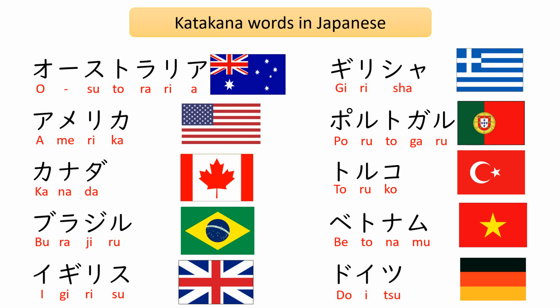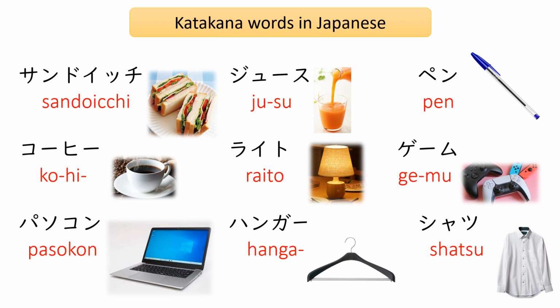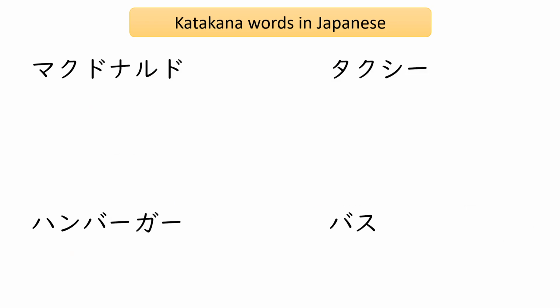Now you know how these countries are pronounced in Japanese, and also you know that they are written in Katakana. There are a lot of words in Japanese written in Katakana, which are borrowed words from other languages. And probably you can guess what they are by listening to the sound. Here we go. マクドナルド、マクドナルド。Can you guess what it is?